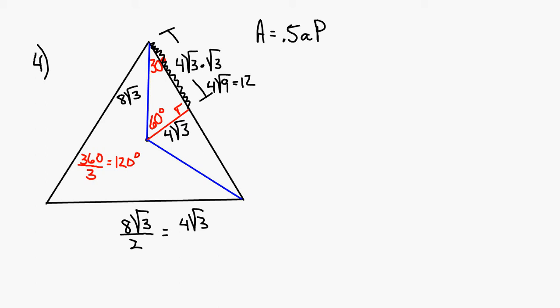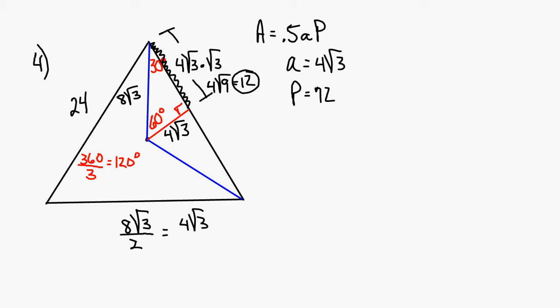So this piece is 12, which makes the whole side of this triangle 24. There are 3 of those sides. So your apothem is 4 radical 3, and your perimeter is 72.